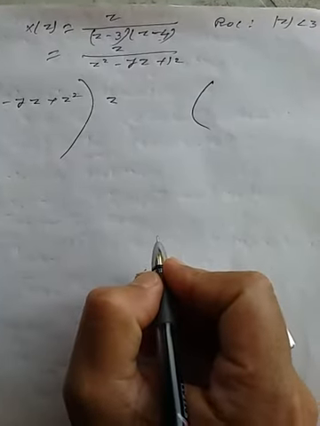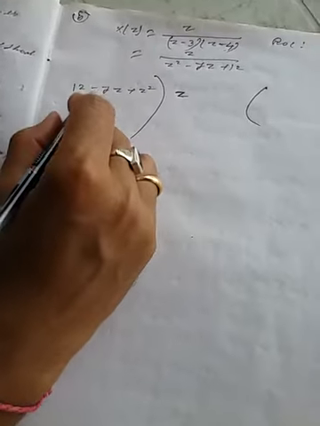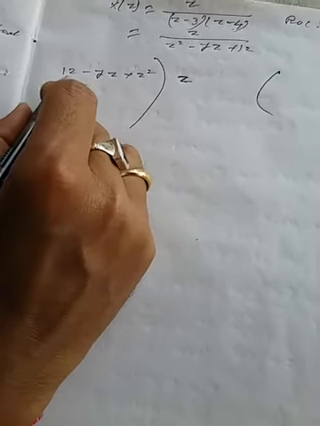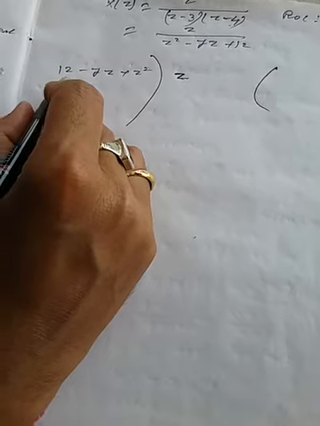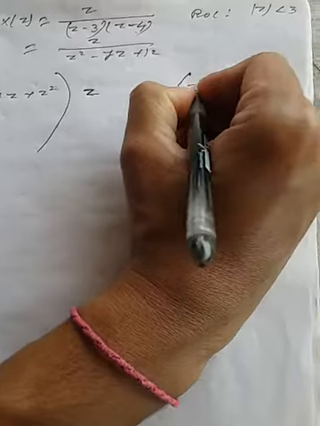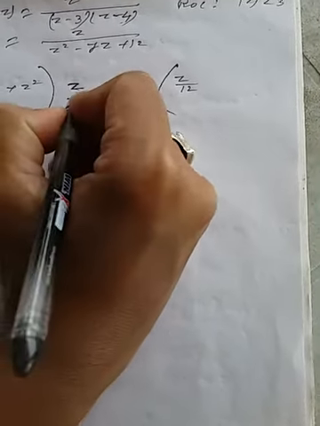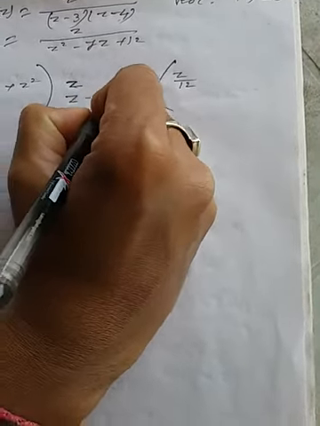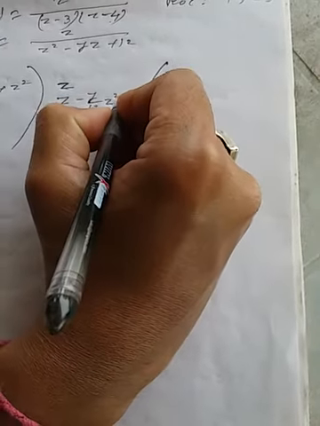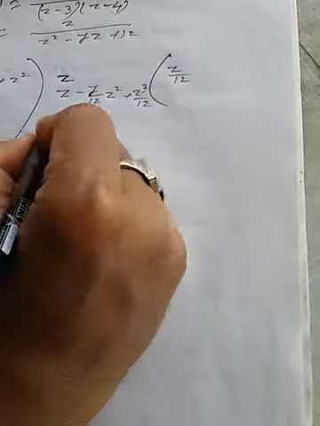So to get z from this dividend, you have to multiply what quantity? z by 12 to this number. Okay, so multiply z by 12, you will get z minus 7 by 12 z square, okay, plus z cube by 12, right?